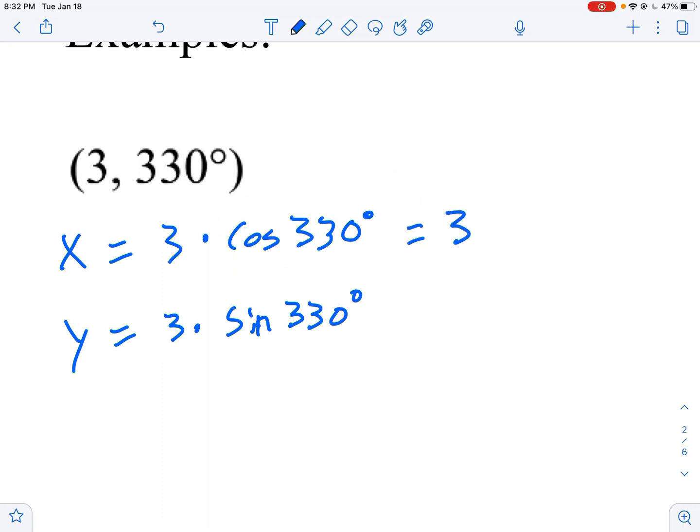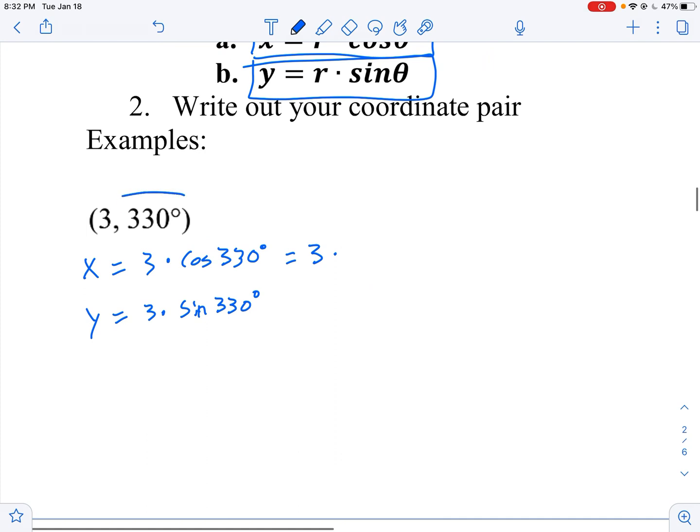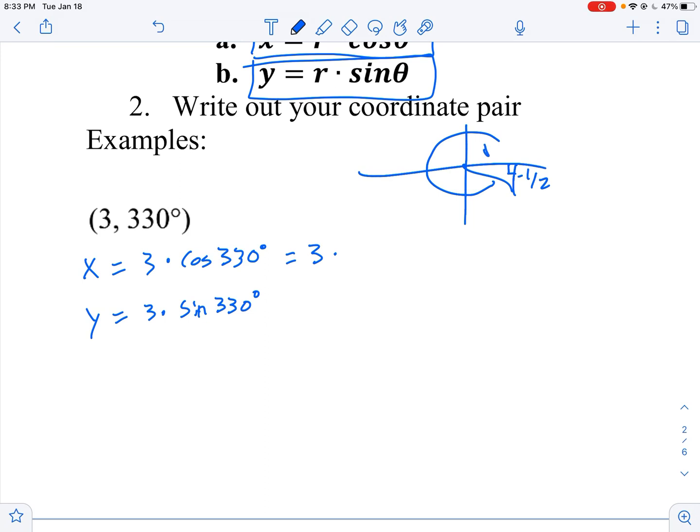You can look on your unit circle, go to 330 degrees, and figure out what it is. 330 is going to be over here. And so this is going to be negative 1/2 for sine, and then root 3 over 2 for your cosine.